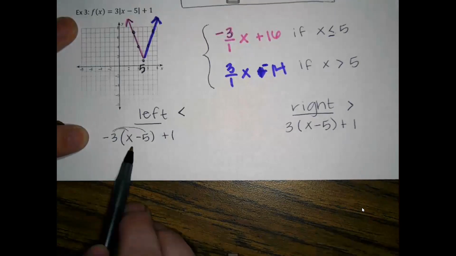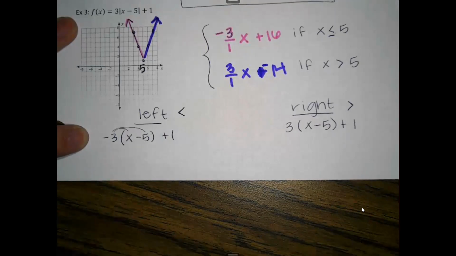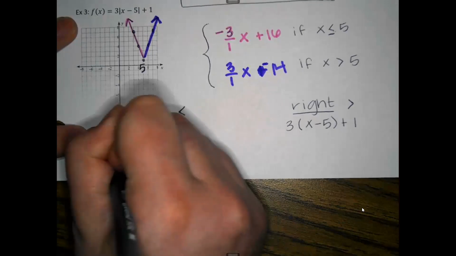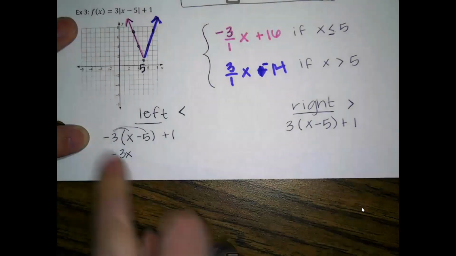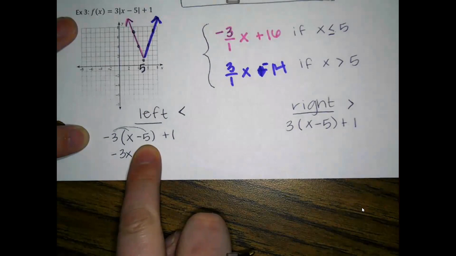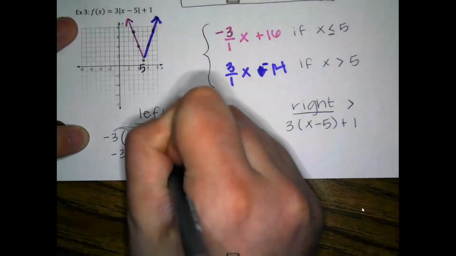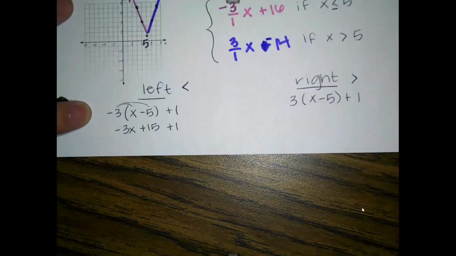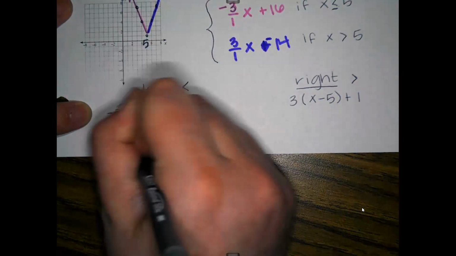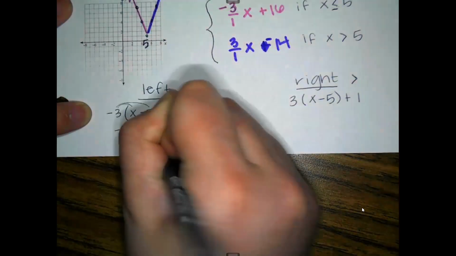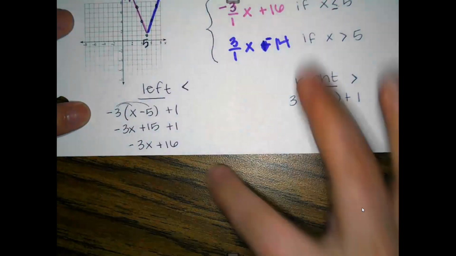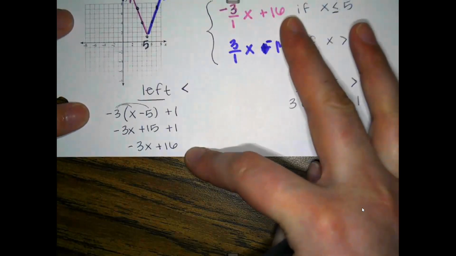What is -3 times x? -3x, okay. What is -3 times -5? Is it -15 or +15? +15, okay. And then we have a +1 on the end. What is 15 plus 1? 16. So we have -3x plus 16. Does that match what we got for the left side?